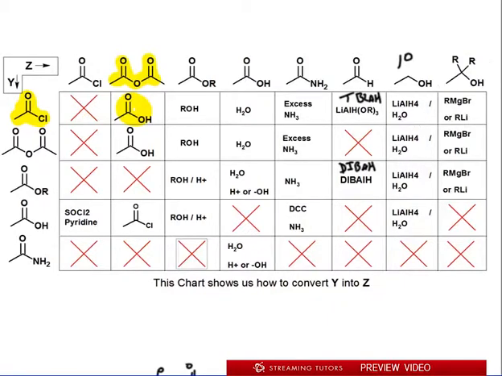And you could also make a tertiary alcohol from any of these 4 up here. Well, I'm sorry, only these 3 here, right? Because carboxylic acid you can't do this with, and I'll show you why. So these 3 here, ester, acyl halide, acid anhydride, you can by using alkyllithium or Grignard. And the reason why acid won't work or amide won't work is because these 2 are going to protonate the Grignard.